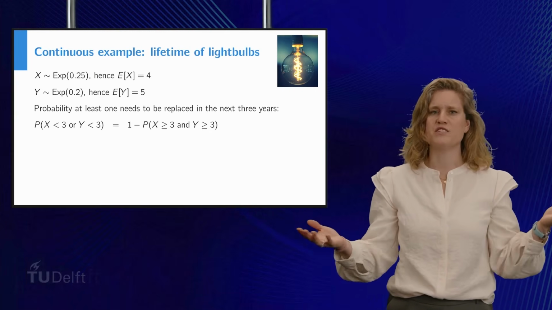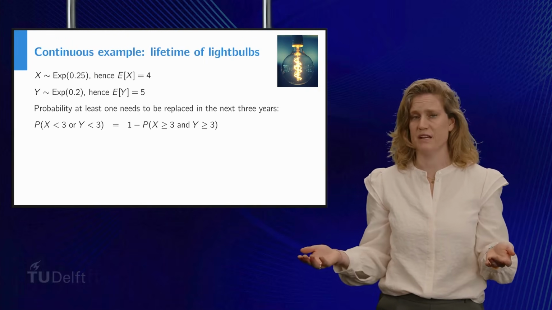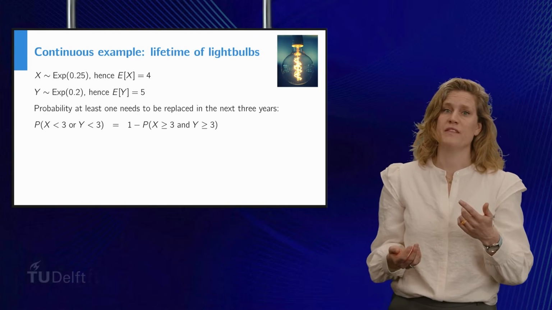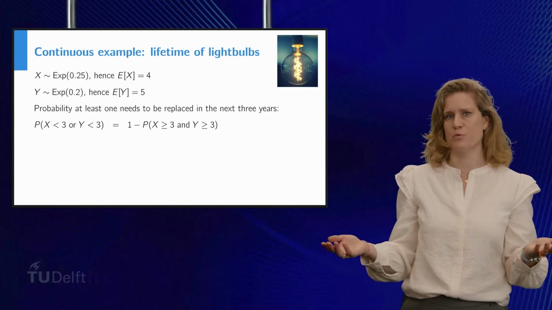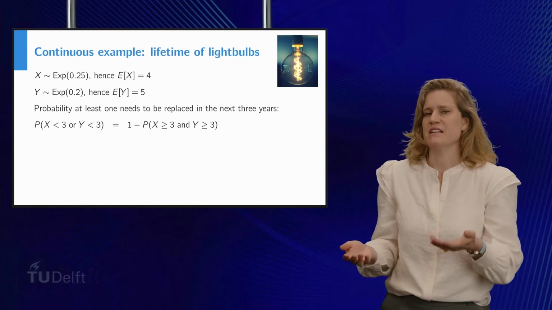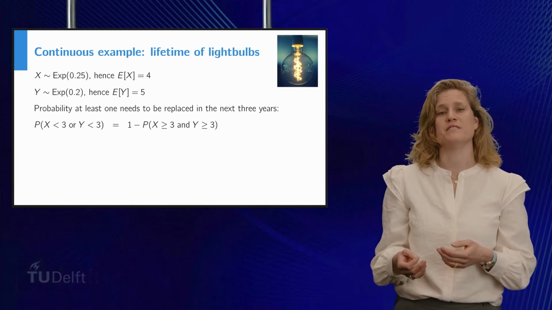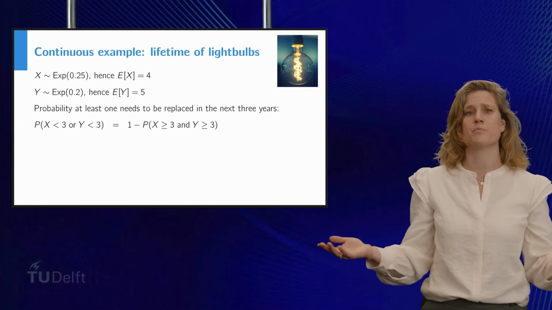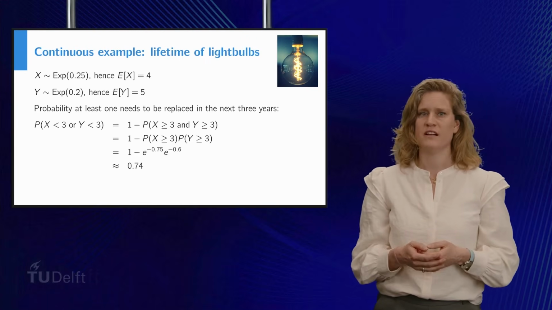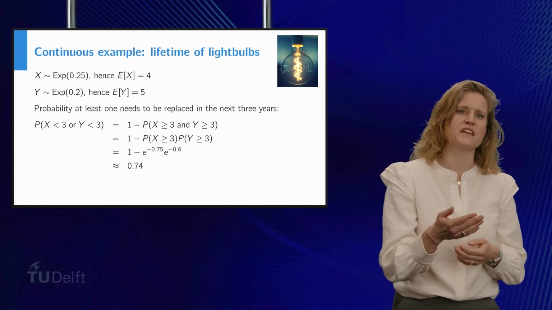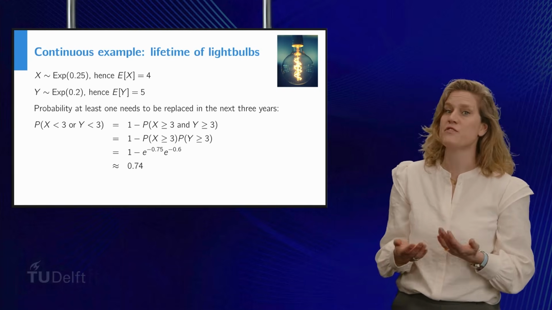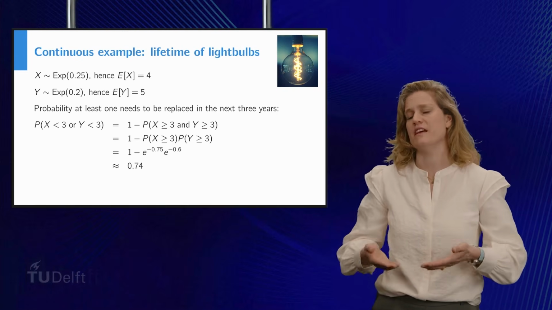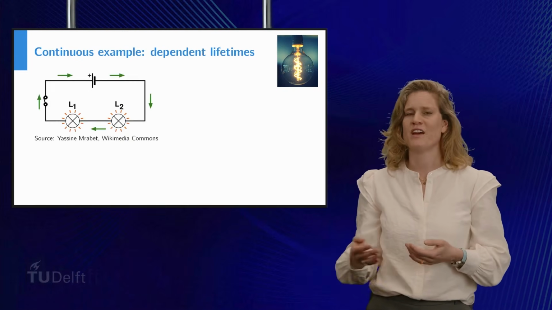As a result, these random variables are also independent. This independence mirrors the scenario that we saw with the 2 different coins, where the outcomes, like getting tails, were physically independent. This independence also allows us to factorize the probability calculation. You can check that this gives a probability of about 74% that at least one of them will need to be changed in the upcoming 3 years.